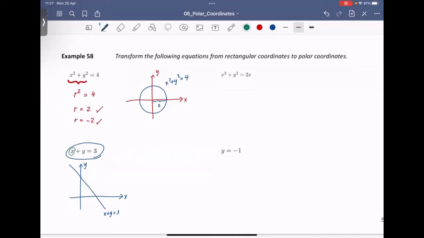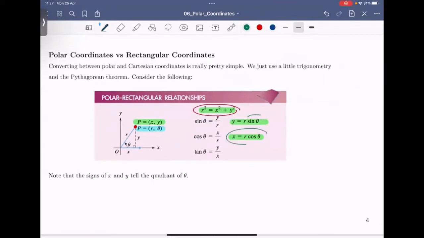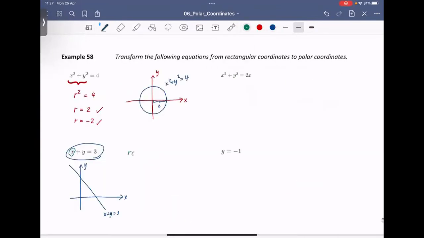What is x in polar coordinates? It is r cos theta, and y is r sine theta. So it's r cos theta plus r sine theta equal to 3. If you pull out r, it's r times the quantity cosine theta plus sine theta equal to 3, and that is r equal to 3 over cosine theta plus sine theta.